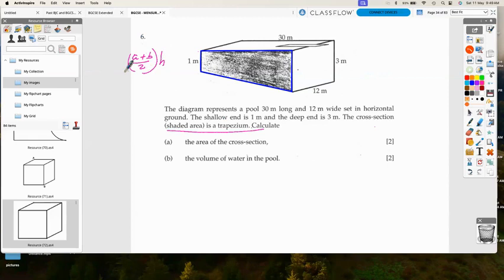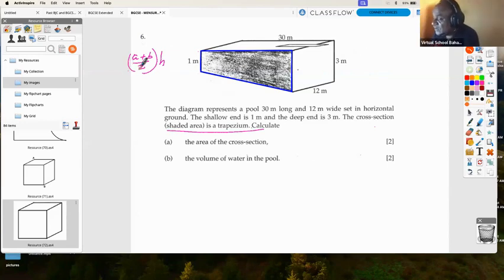How do we know what is A and what is B? They are the two parallel sides. So what are the parallel sides there? 1 and 3. Very, very good. So it is 1 plus 3 divided by 2. And then what is the height? What is H?